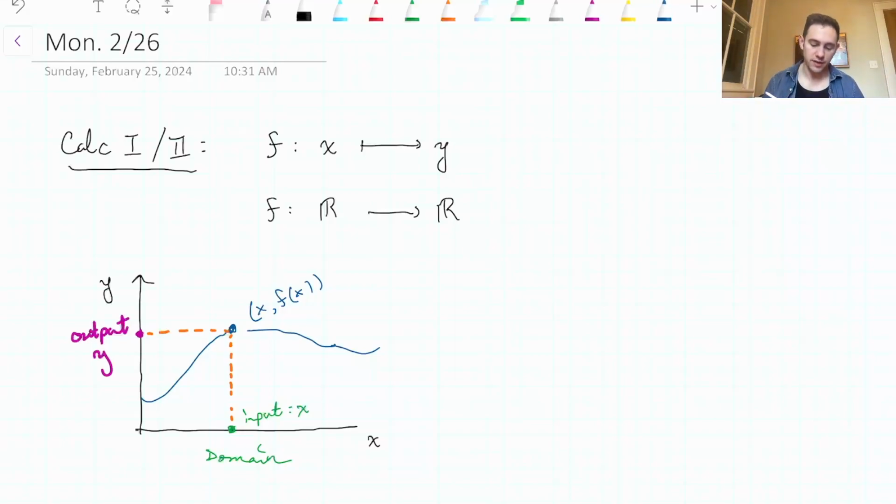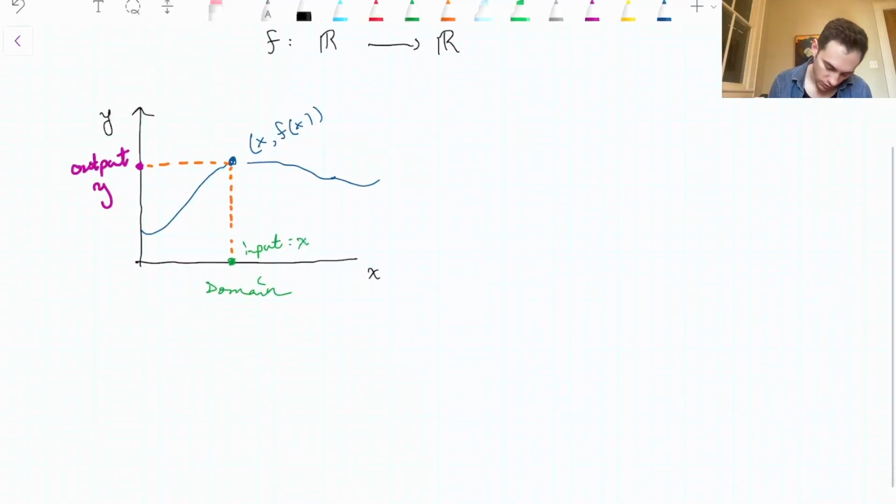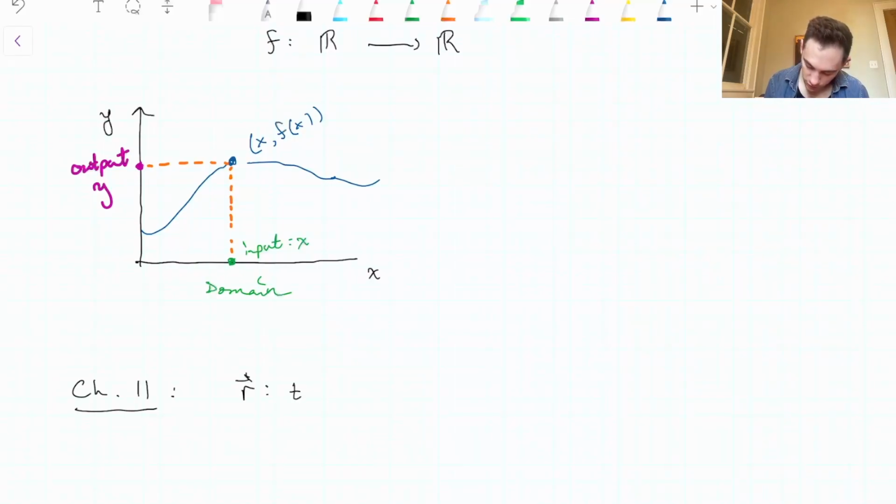Now, in the first unit of multivariable calculus, we started with the easiest place to start doing calculus of several variables, which is where there were several output variables. So rather than one number going in and one number going out, in Unit 1, which is Chapter 11 of the Larson 6th edition text, we had functions that took in a single variable t and output several variables x, y, and z, up to 3, all bundled together into a vector.